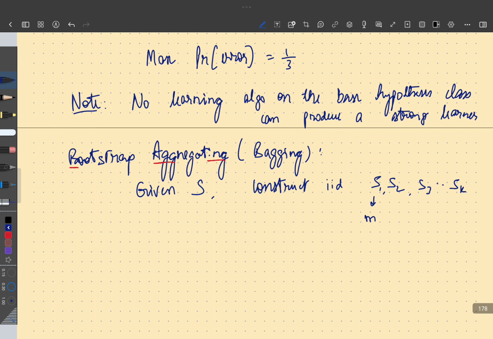Again, the samples in Si are coming from S, nothing else. You're uniformly sampling points with replacement from S.